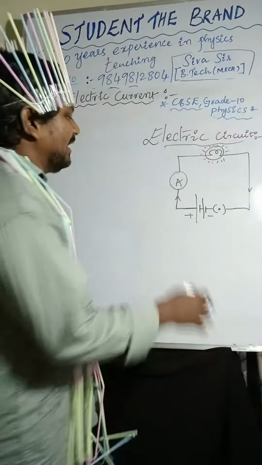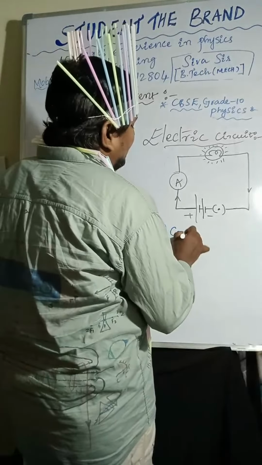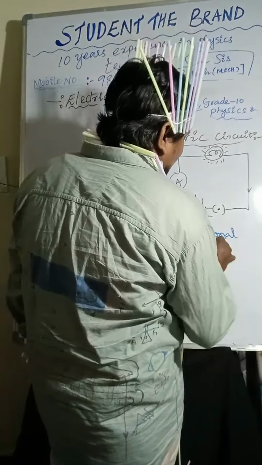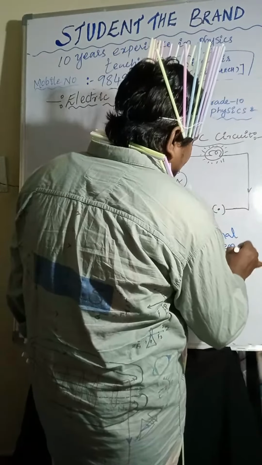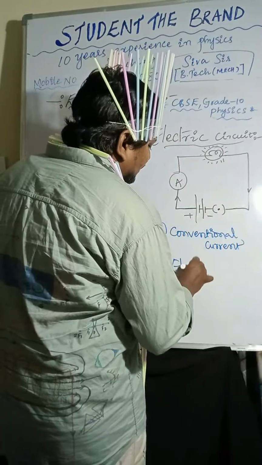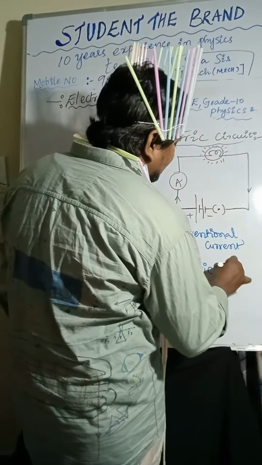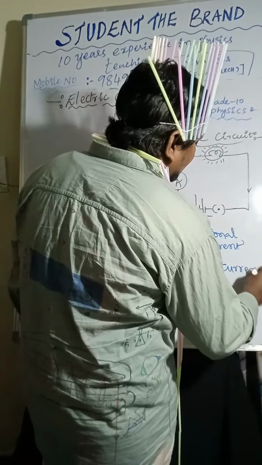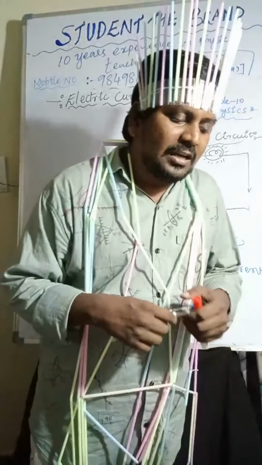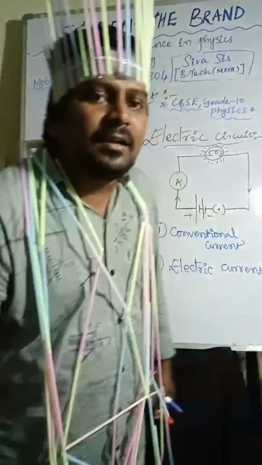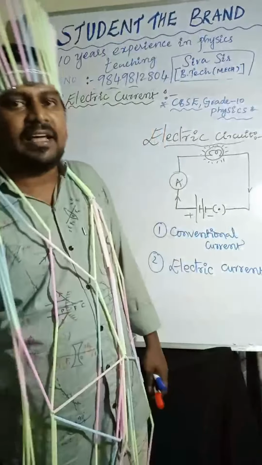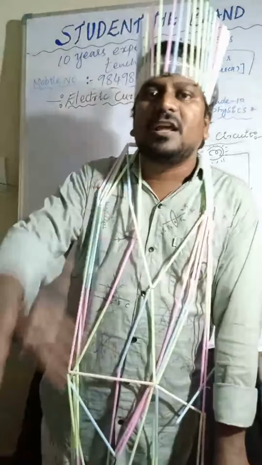Next one, we are going to the conventional current and electric current. Conventional current is nothing but the flow of positive charges will be considered as a conventional current.